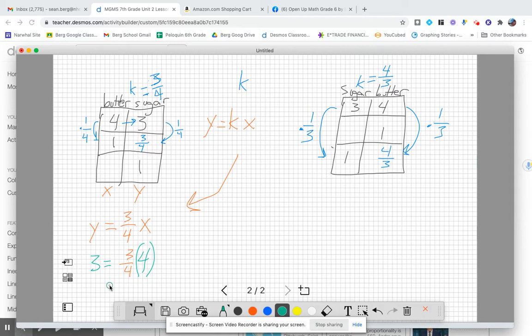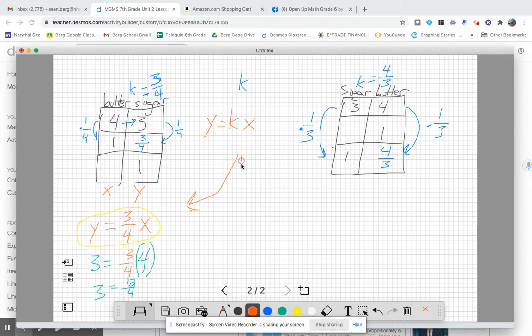Yes, because this is the same thing as 12/4, and 12/4 simplifies to 3. So therefore, this is the correct equation that matches the table. And now we can figure out for any given amount of butter, say I needed 10 cups of butter, I plug in the 10 and do 10 times 3/4 and get my output of y, which will give me the amount of sugar. So that equation works in that example.